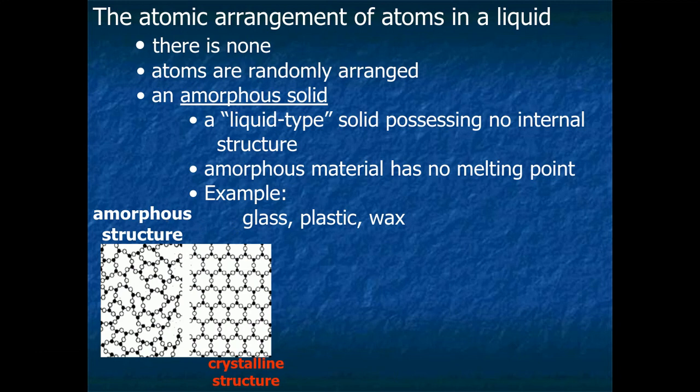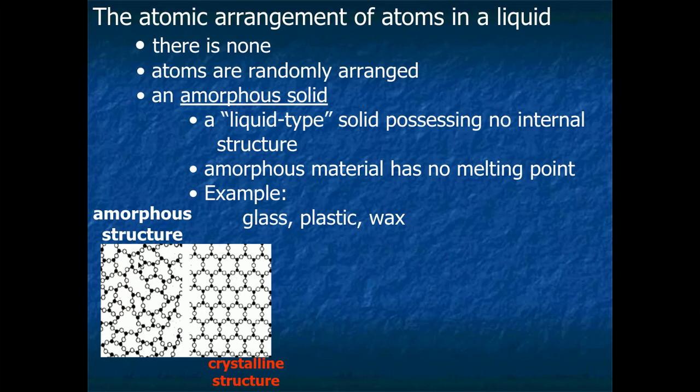And so getting back to the melting point of an amorphous structure versus a crystalline structure, when you add heat to a crystalline structure, there is a predictable temperature at which the bonds between the atoms will break and will move from a solid right into a liquid.